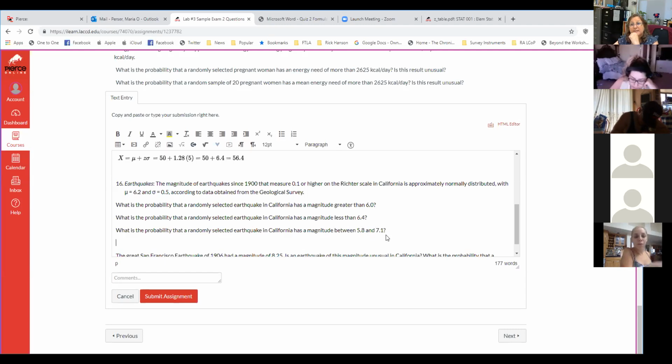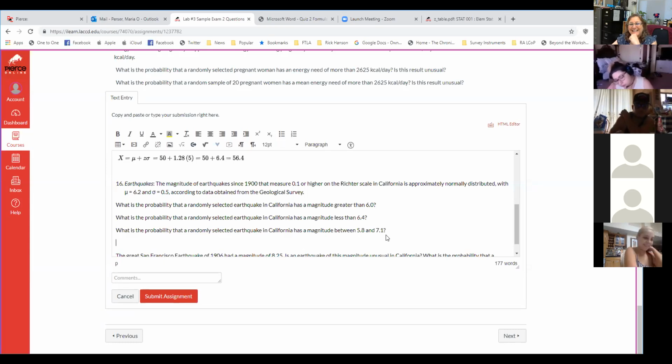Professor, before you go on, at the beginning, the magnitude of the earthquake since 1900 that measures 0.1 or higher. That is just, we've been measuring earthquakes since the 1900s, anything that is 0.1 or higher on the Richter scale. So we have a lot of data about the earthquakes in California. But this 0.1, that's irrelevant.